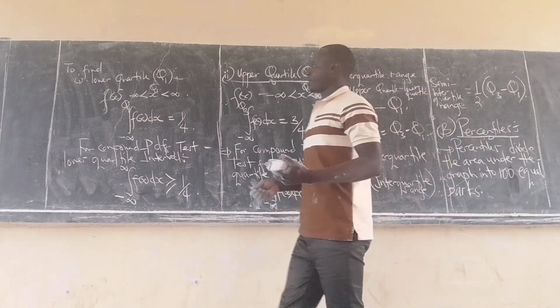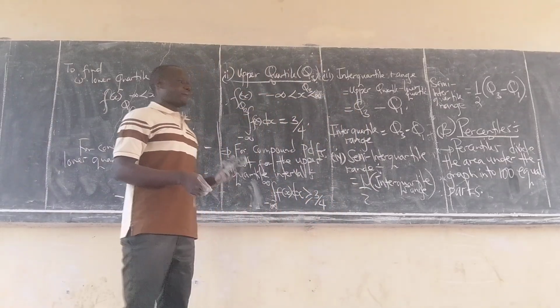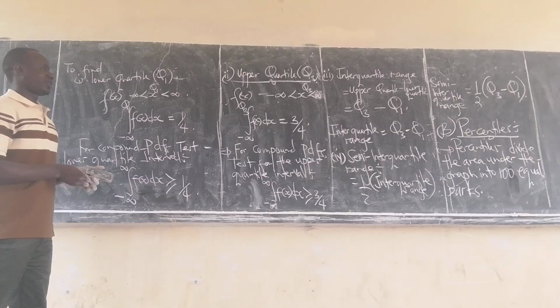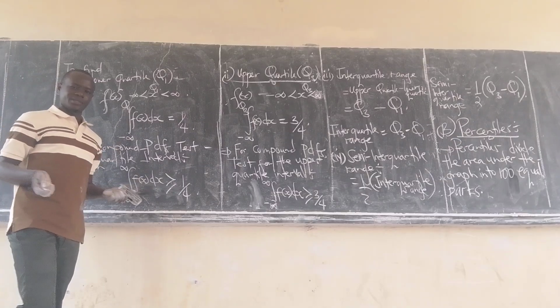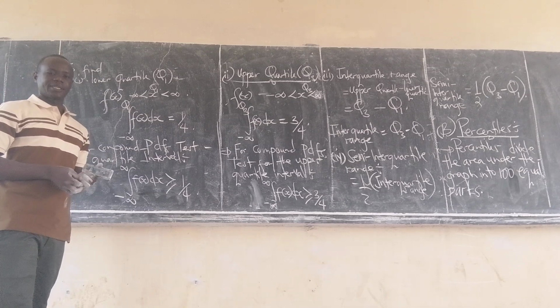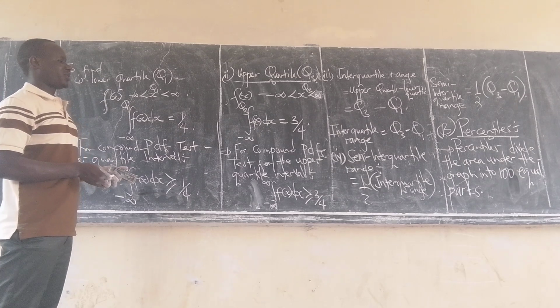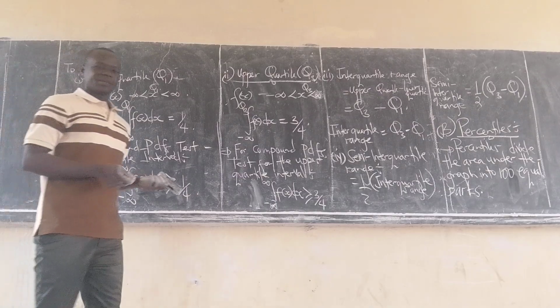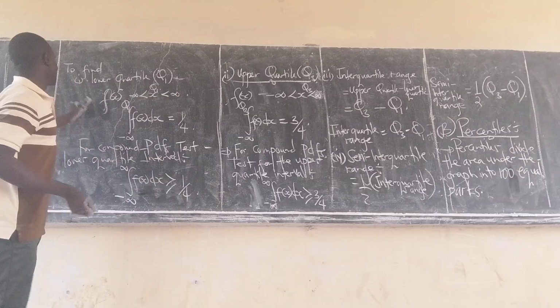Like here, the word percentile comes from percent. When they say that please find P40, it means you are going to equate the integral to 40 over 100. If they tell you to find the 80th percentile, it means you equate the integral to 80 over 100.